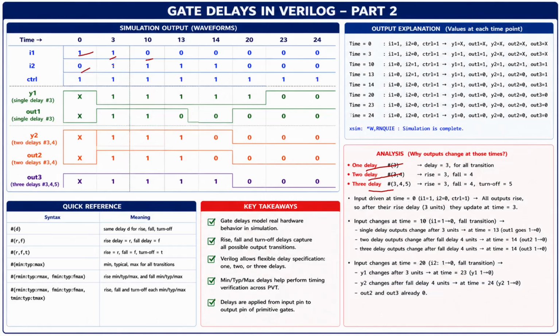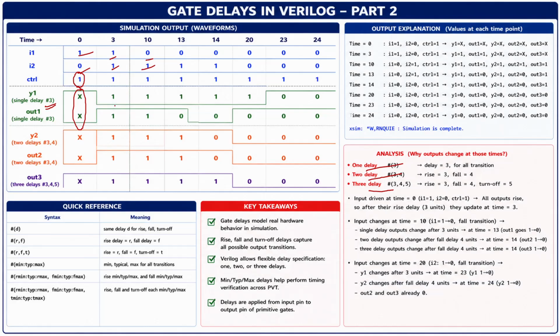And similarly, input 1, 0, 1, so in this way we are giving. And then delays, 3 time units delay. So at that time control signal will be 1. So the delay will be 3 times. At that time we are getting some unknown values. And then output y1. So that y1 is your output.